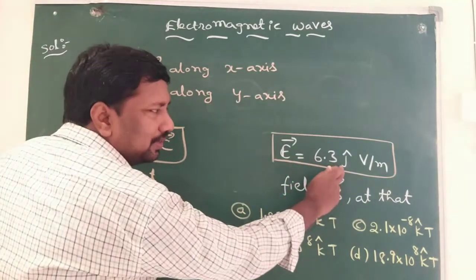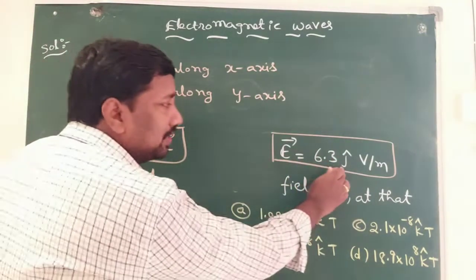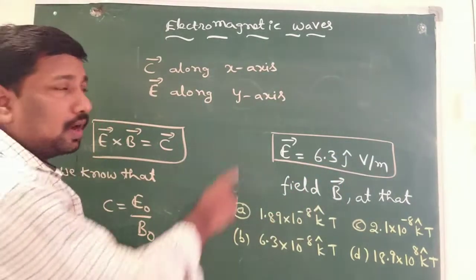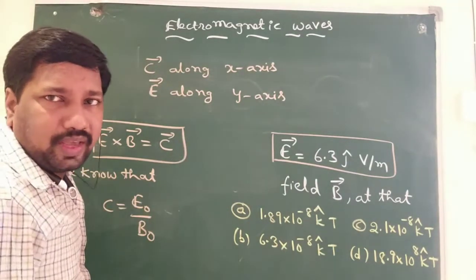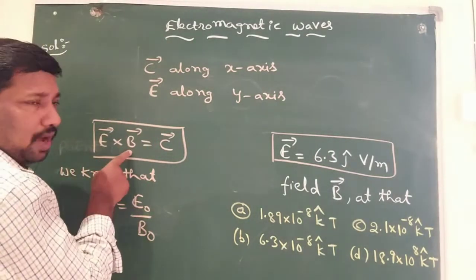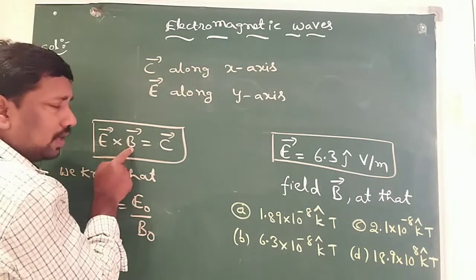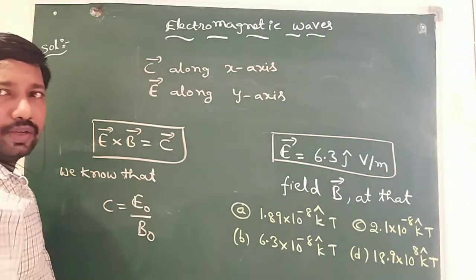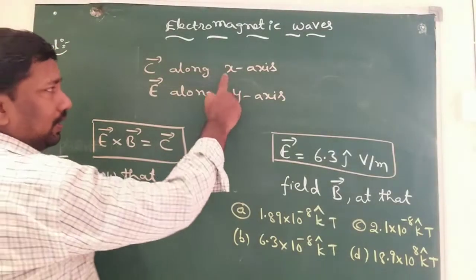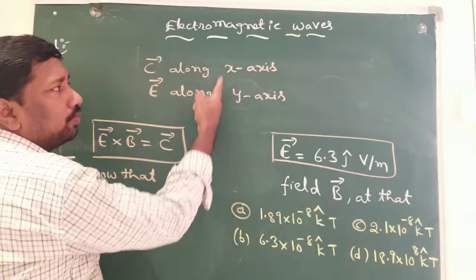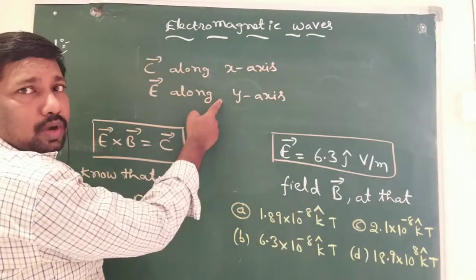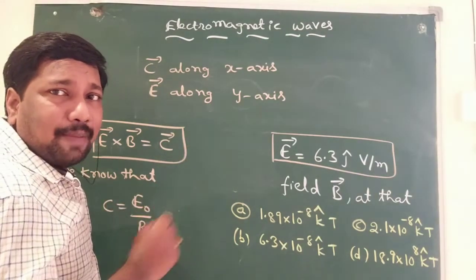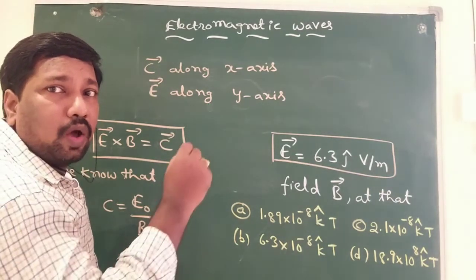Because this is j cap, the basic unit vector along the y-axis. Now B bar is along the direction perpendicular to E bar and C bar. The perpendicular direction to the xy plane is the z axis. So k cap is the basic unit vector along the z axis.